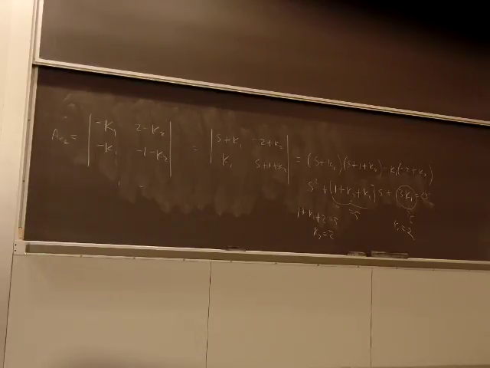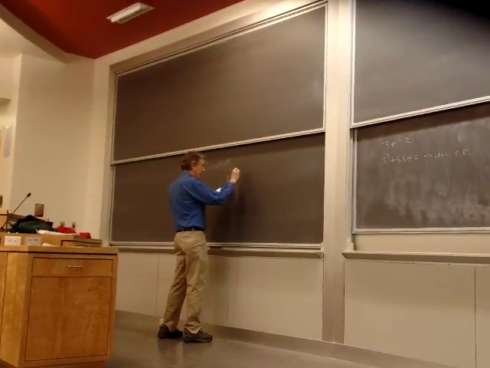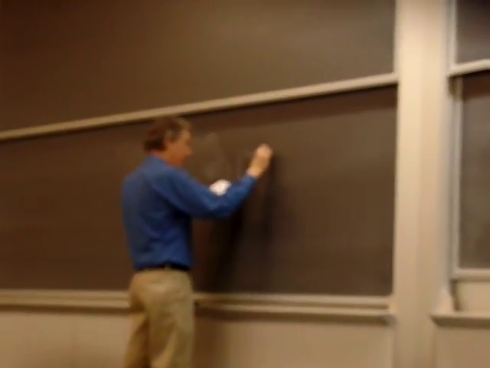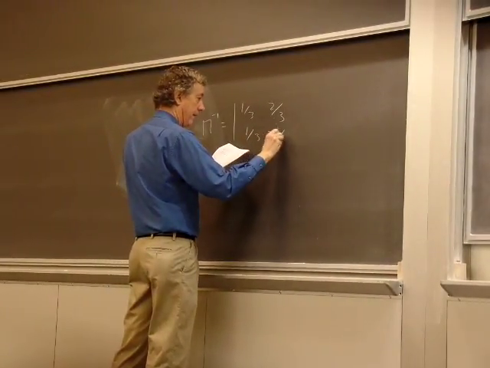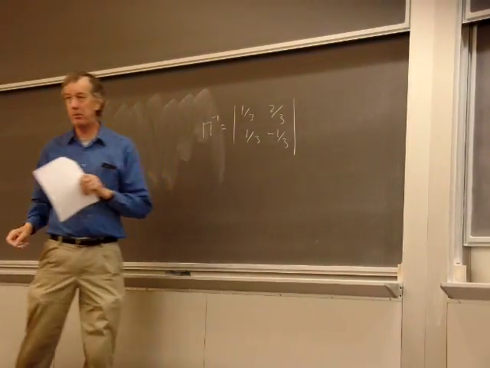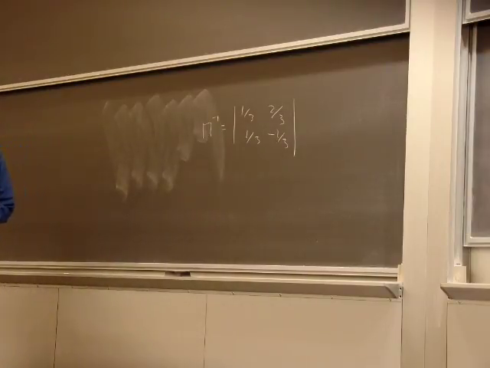Okay, Ackermann's method. In this case, I need 2 things. One, the M matrix inverse. 2 by 2 is not too hard. You take your controllability matrix and find the inverse of it.